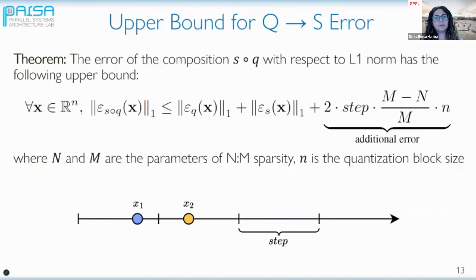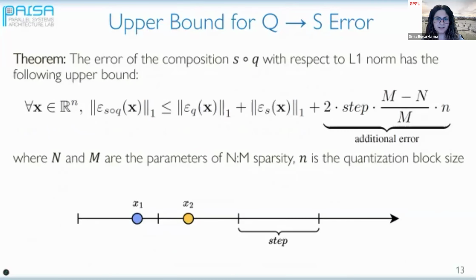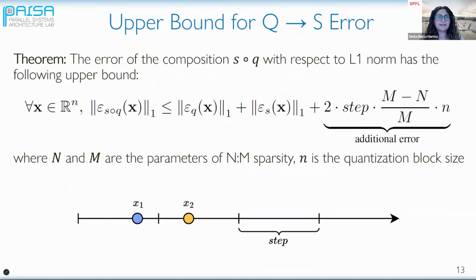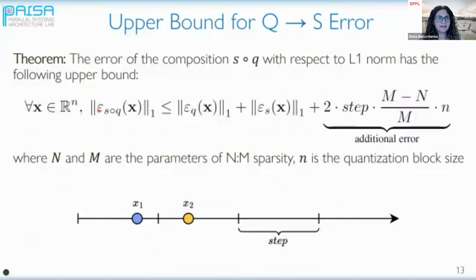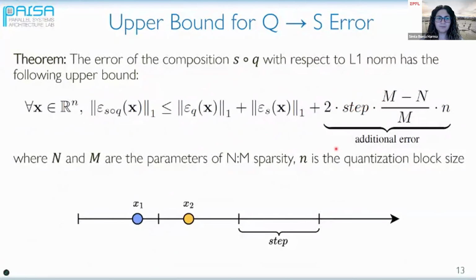We also derive a theoretical upper bound for this additional error. Here, the inequality you see has our usual terms, the error of the combination, the sum of the individual errors, plus this additional error term, which gives our upper bound. The additional error depends on the step from this figure you see here, which was the distance between two consecutive quantization bins, and then the number of pruned elements.